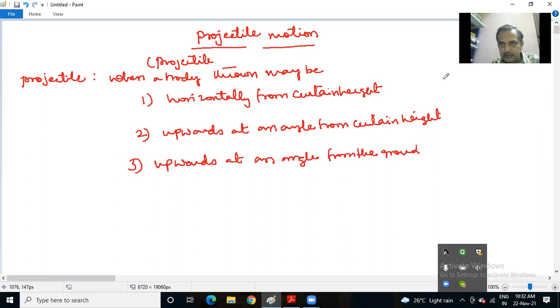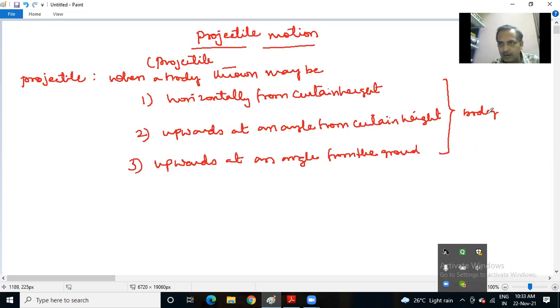So in all these cases, the body moves, thrown maybe horizontally from a certain height, upwards at an angle from a certain height, or upwards at an angle from the ground.